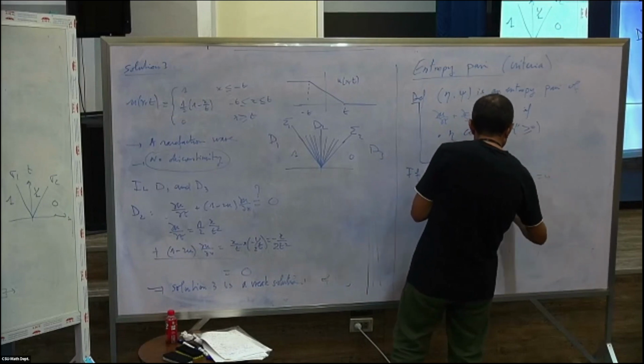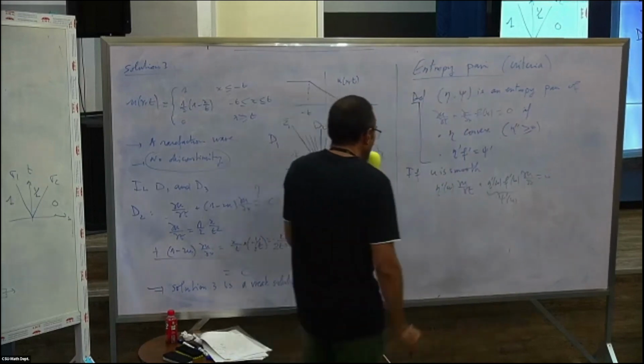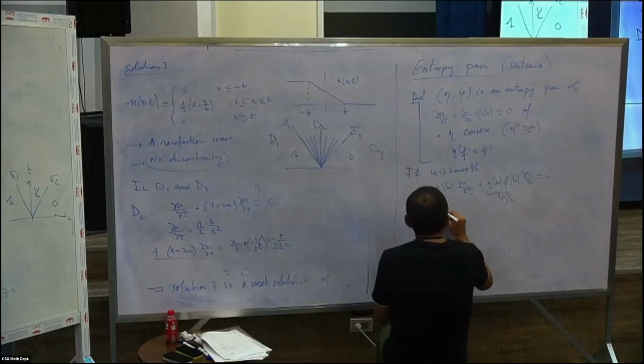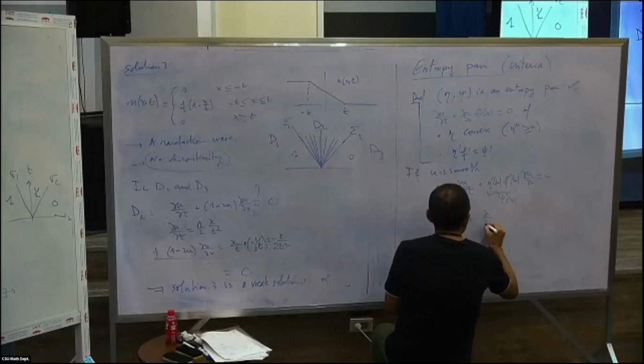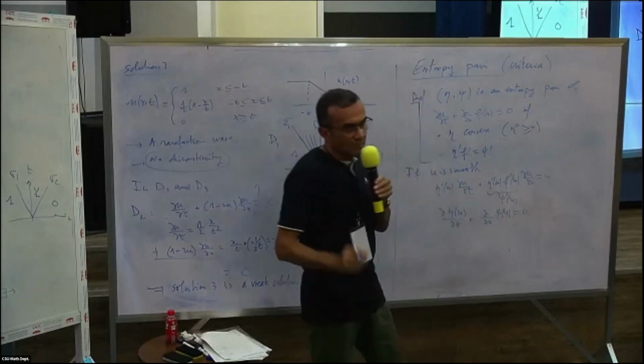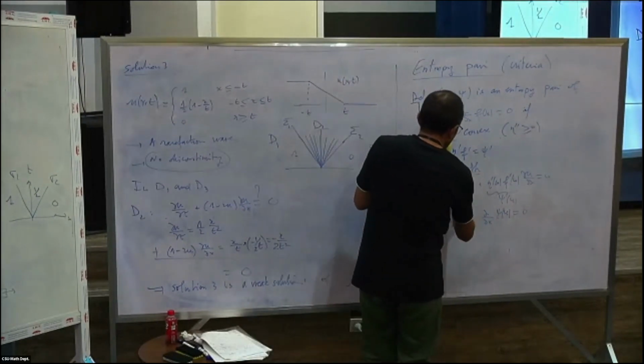See, this is psi prime. Then you get something in conservative form, everything is smooth, but only for smooth solutions.